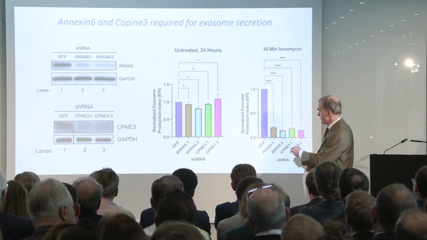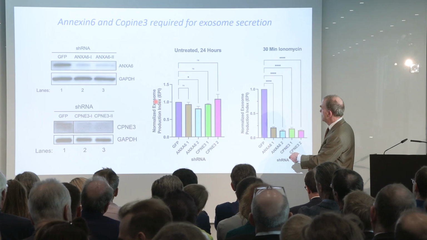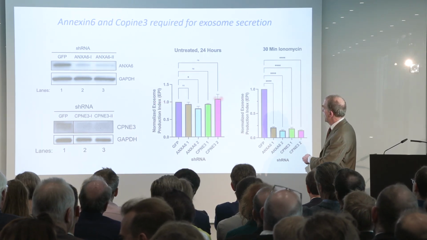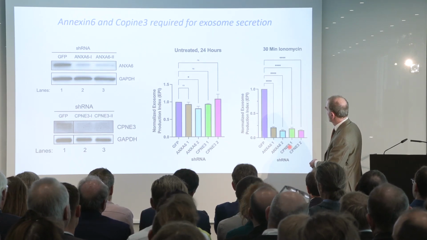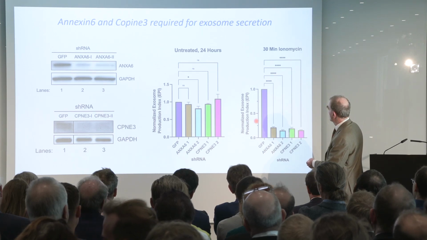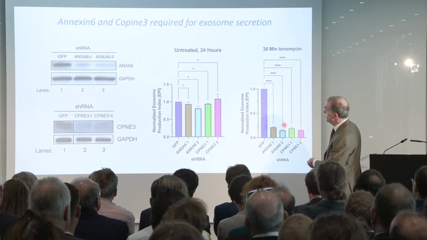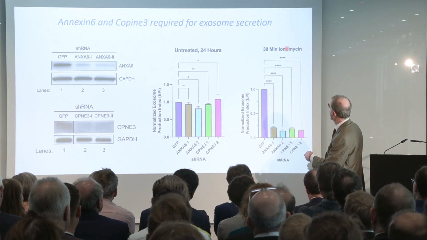Under basal conditions, these cells produce a low level of exosomes as detected during the course of this incubation. Whereas those cells that had annexin A6 or copine-3 reduced by the level shown here similarly reduce quite dramatically the exosomes that are secreted in the presence of ionomycin during just a brief 30-minute incubation.